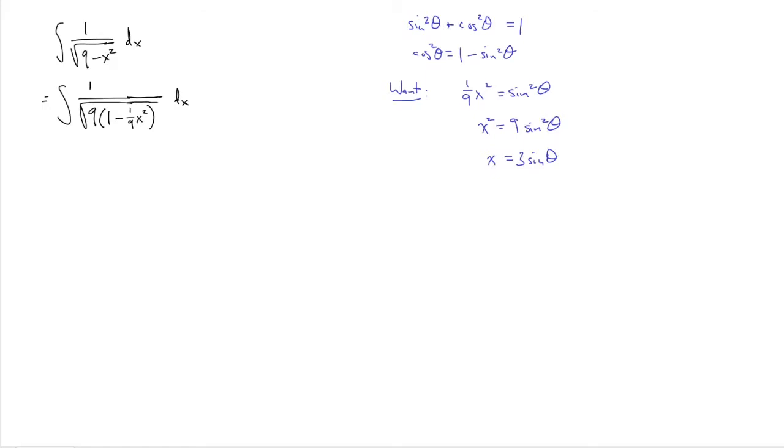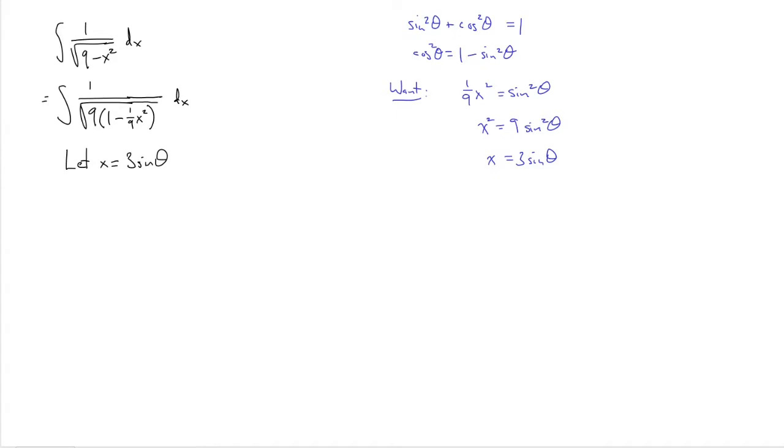In particular, if we let x be 3 sine theta, then we get that 1/9 x squared is sine squared theta. Okay, as I described, that logic was just sort of motivating why we do the next step. But the next step is we let x equal 3 sine of theta.